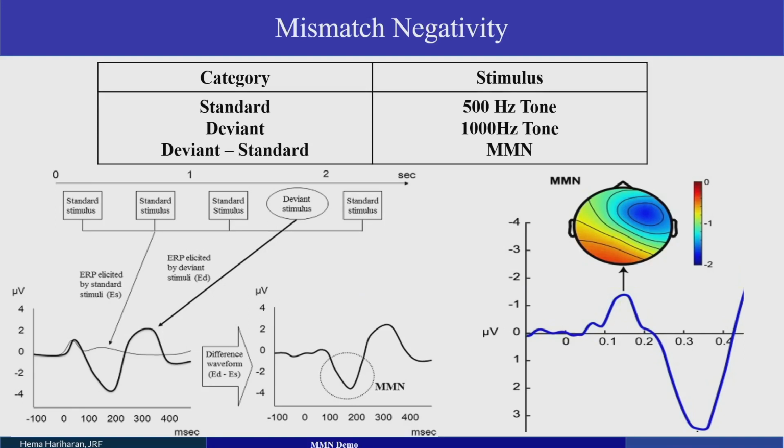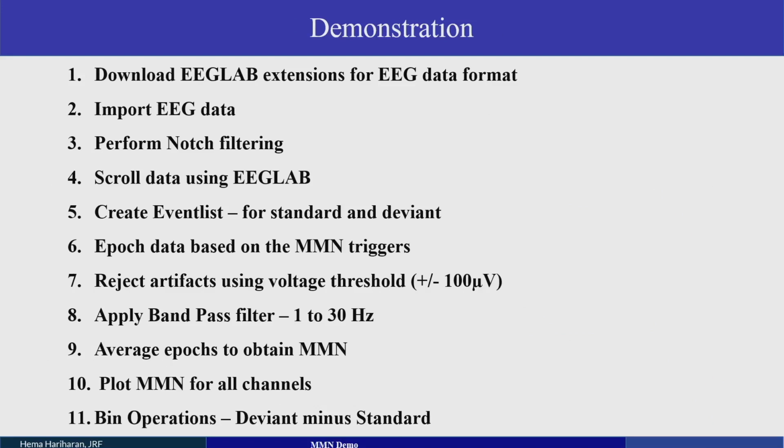And I'll go briefly through how to do this MMN demonstration in EEGLAB and ERPLAB. Again, as I told you, first we have to have the format according to the EEG system, whichever EEG format we have.